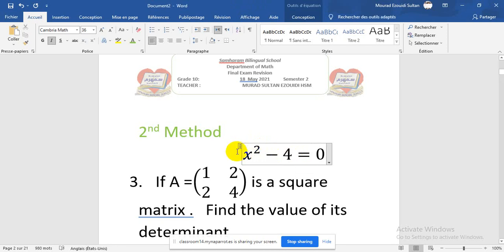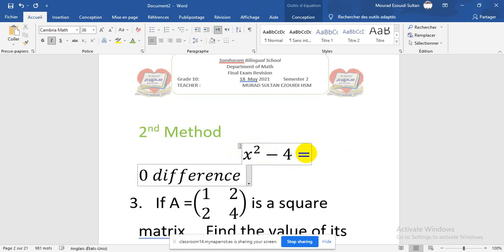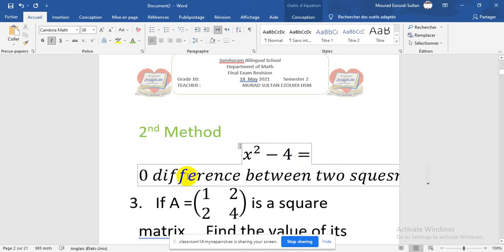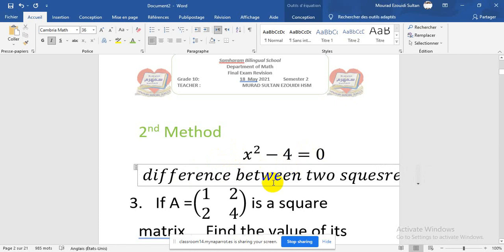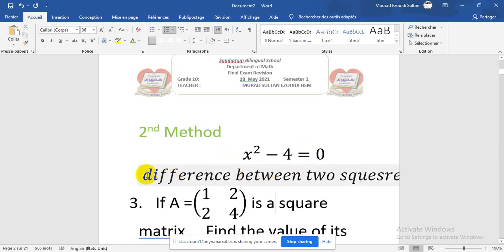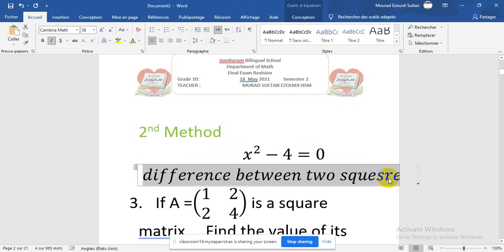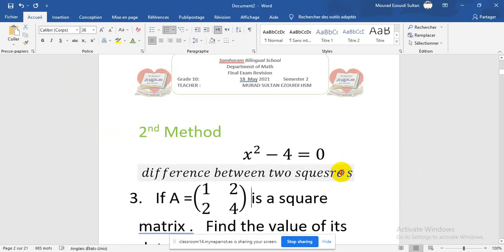So this is the difference between two squares, my learners.